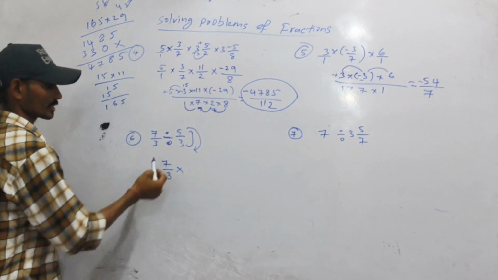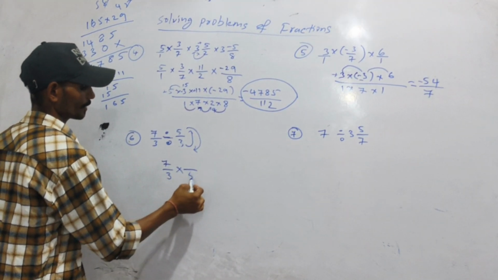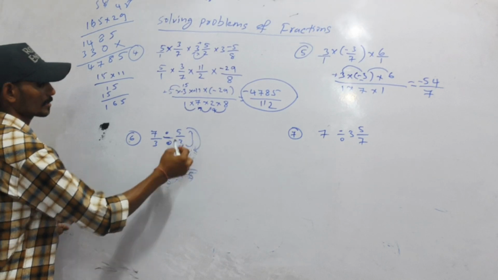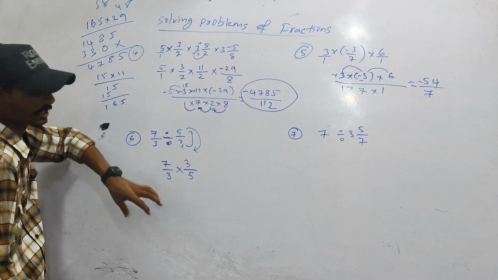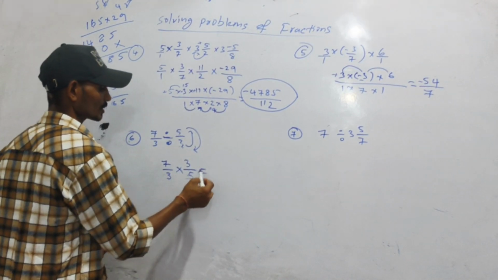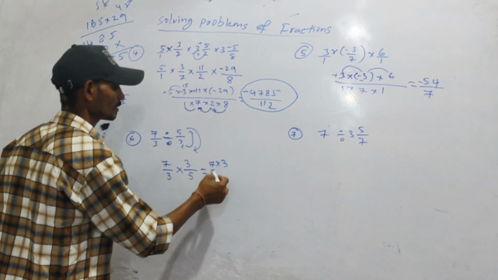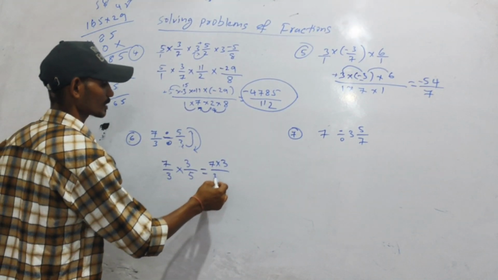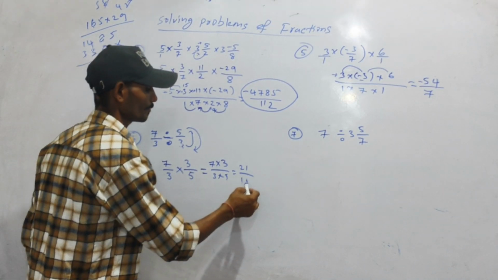The numerator is 5, that becomes the denominator, the denominator is 3, that becomes the numerator. Now it has become a multiplication of fractions, so numerators into numerators, denominators into denominators: 3 5s. Next the answer is 21 by 15.